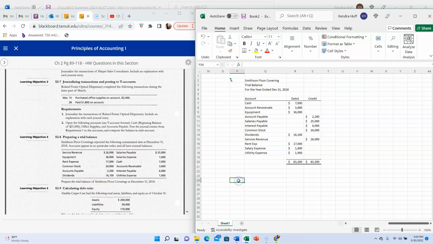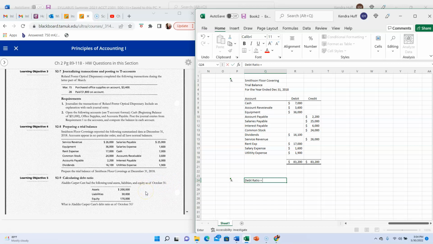All right, number 9 is the debt ratio. The debt ratio is total assets divided by total liabilities.